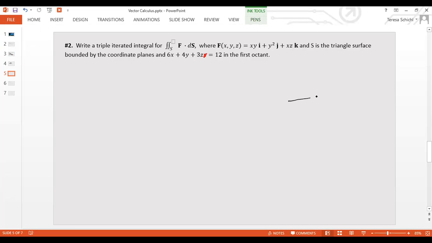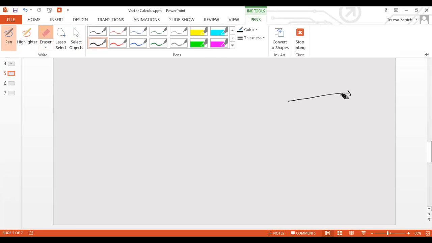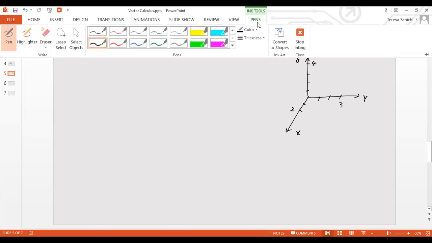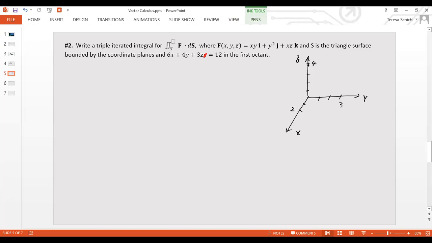Okay, we know this surface very well. We work on that all the time. So let's try to graph this one. So this is x, y, z, right? So x is 2 here, y is 3, and z is 4, right? So now let's graph this one here.